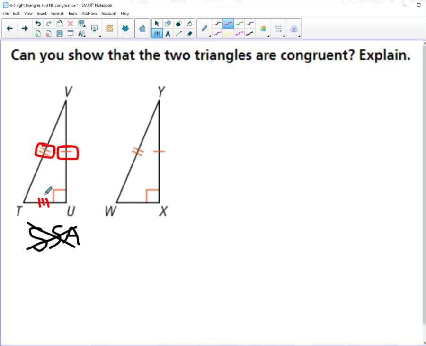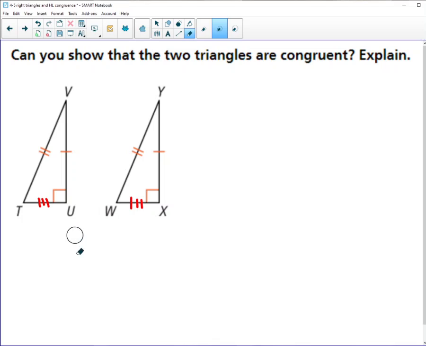It's not a big deal. But it's some length that's locked in by these 2. And additionally, over here, since it's the same setup, this is that same locked in side. Whatever that one is, this one's the same. And now, sure, we had SSA, which was illegal, but now we have side, side, side. And so the Pythagorean Theorem lets us, in right triangles only, turn SSA into side, side, side.